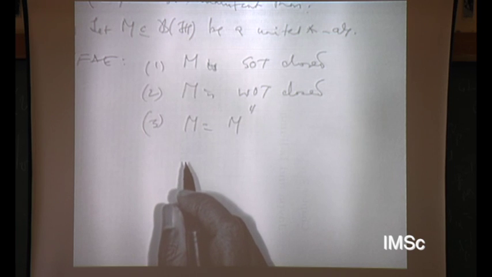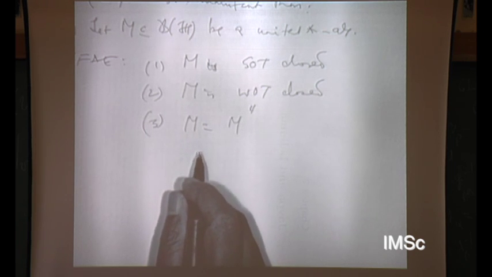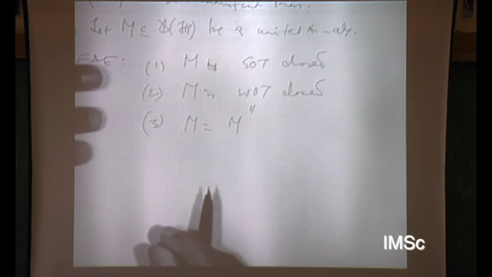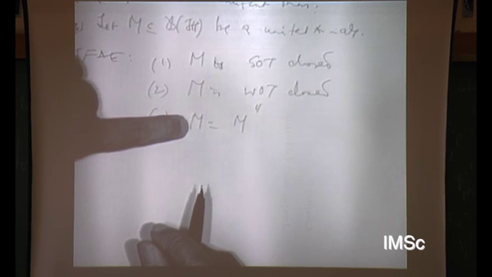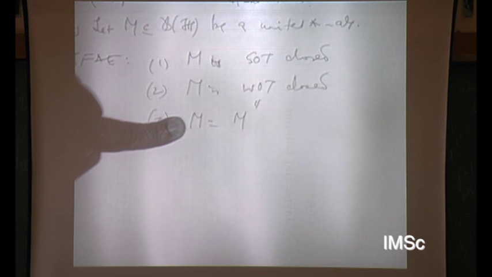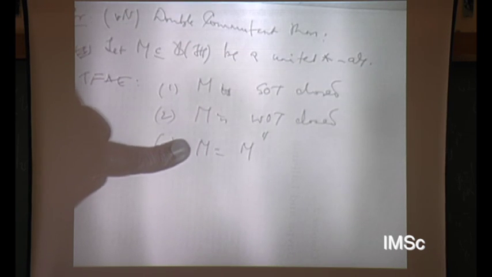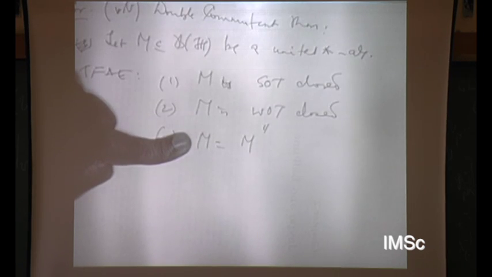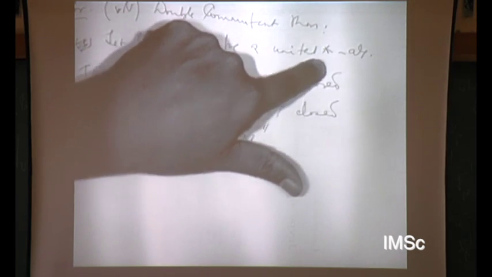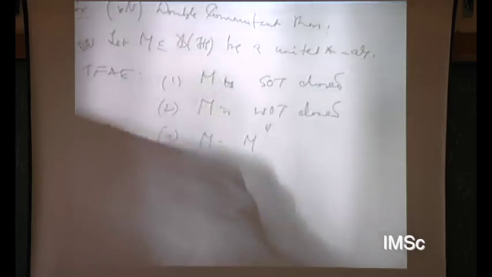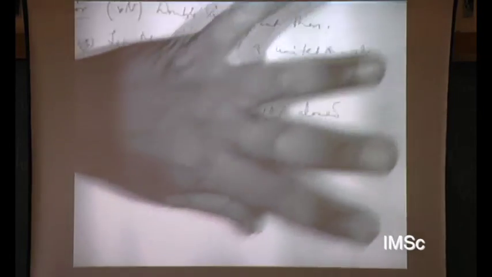And what is amazing about this theorem is that here is a condition which is purely algebraic. In B of H, you take some collection, a star algebra M, and its commutant is a purely algebraic thing. So the double commutant is also a purely algebraic object.